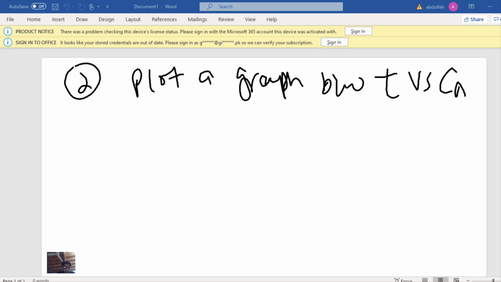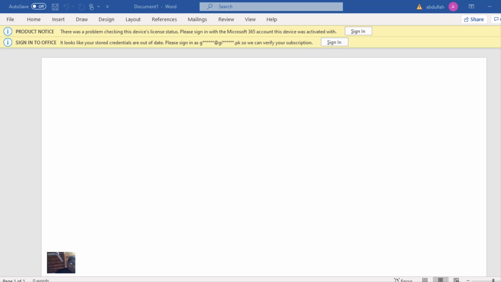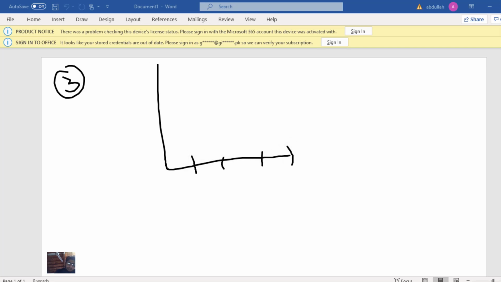Now, the third step. In the second step, we obtained the graph at various times, t1, t2, t3, t4. Suppose at time t1 the concentration was this, at time t2 the concentration was this, at time t3 the concentration was this, and at time t4 the concentration was this.